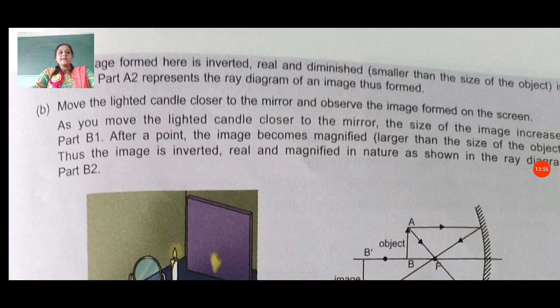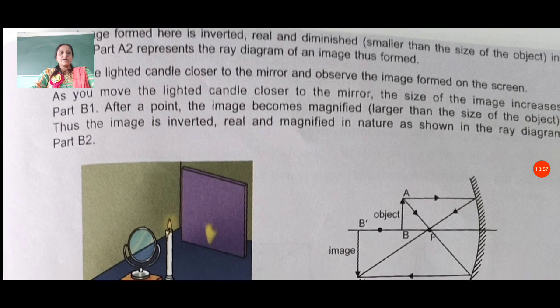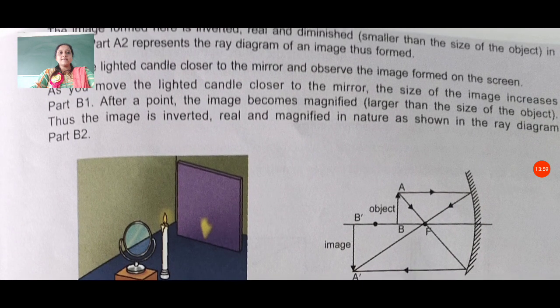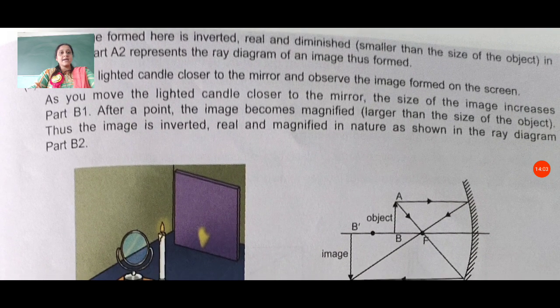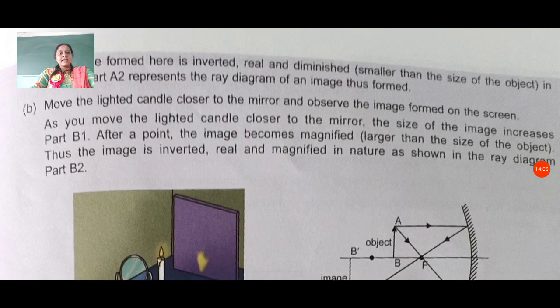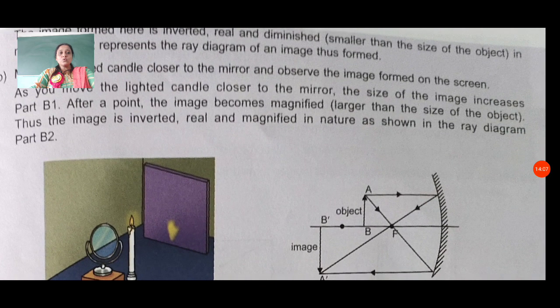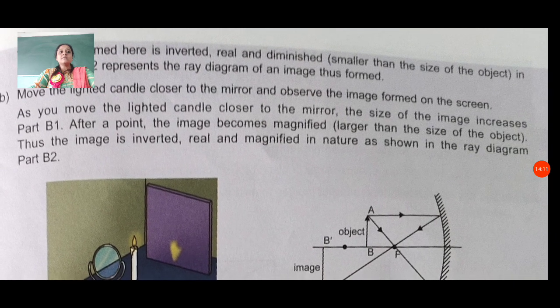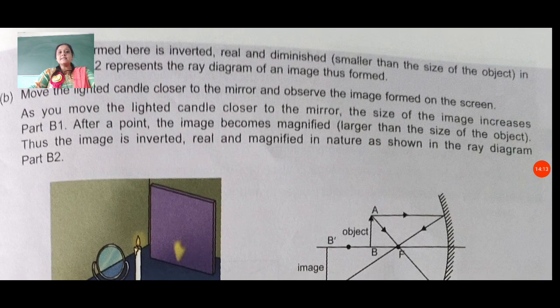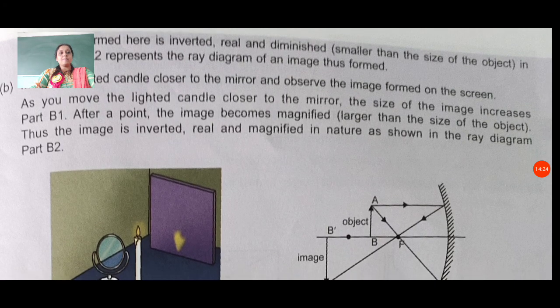Move the lighted candle closer to the mirror and observe the image formed. They change the place of the candle. As you move the lighted candle closer to the mirror, the size of the image increases. In the first figure, you can see the size of the image is not as large as when they put the candle close to the mirror.